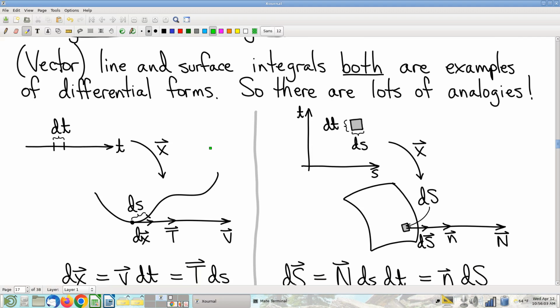Interestingly, both vector line integrals and vector surface integrals are examples of differential forms, which again we can't talk about. But we don't need to talk about differential forms for it to be a bit of an eyebrow raiser to realize that line and surface integrals are different examples of the exact same construction. How about that? There is a mathematical way to unify these.